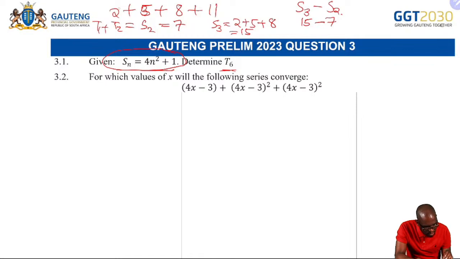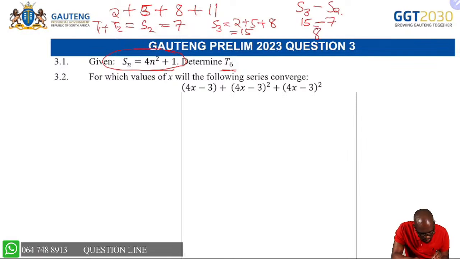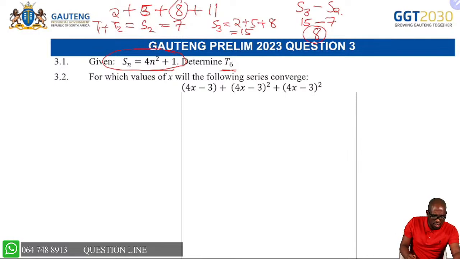This is 2 plus 5, that's 7. 2 plus 5 plus 8, that's 15. And then 15 subtract 7, we are going to get 8. This is the sum to 3 terms, subtract the sum to 2 terms. It gives you one of the terms in this particular sequence.